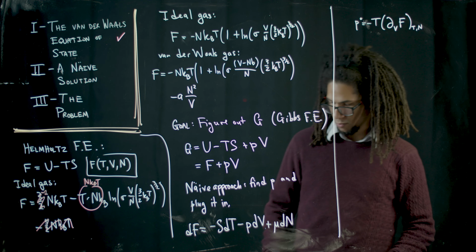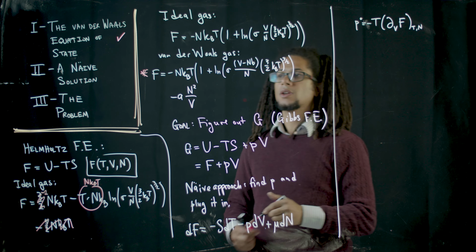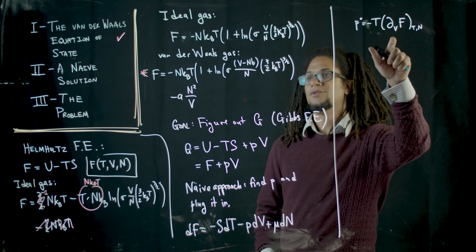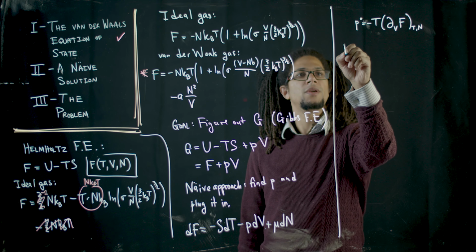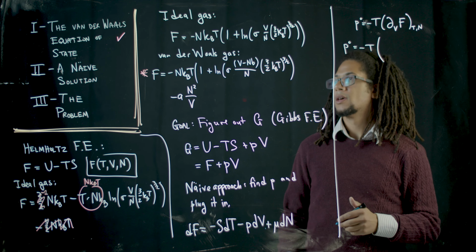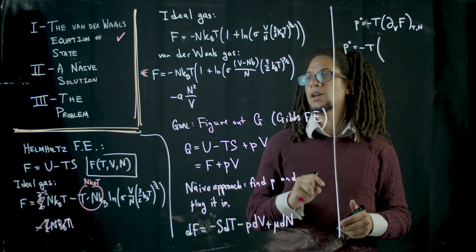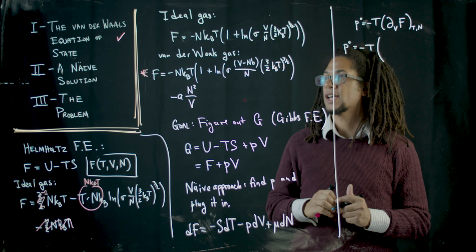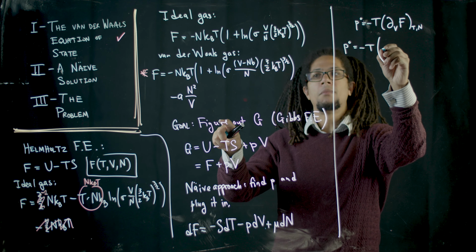This will give us some practice with taking derivatives. So we want to take the derivative of that equation with respect to V. All right, let's get to it. So P naught is equal to, the first place that V appears here is right here. In fact, this is the only place that it appears. So minus N k_B T times 1 does not affect this derivative.